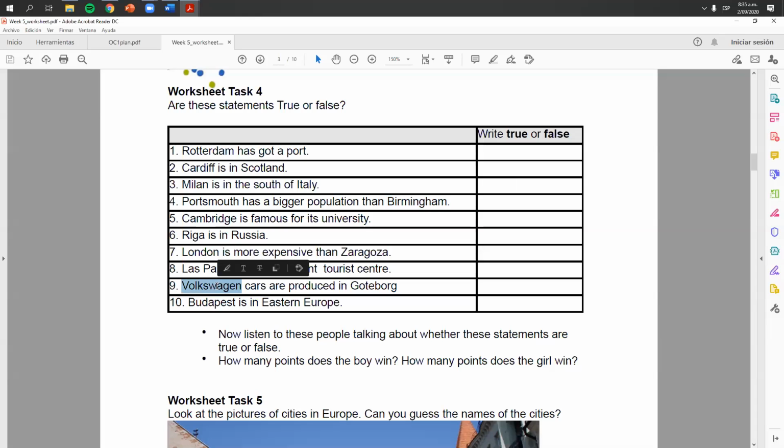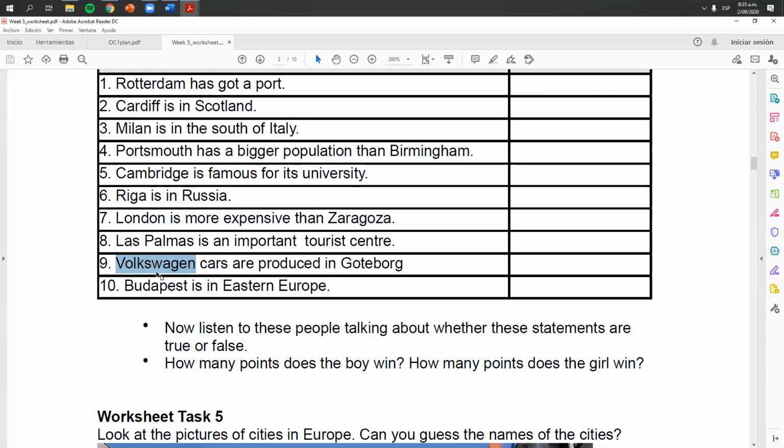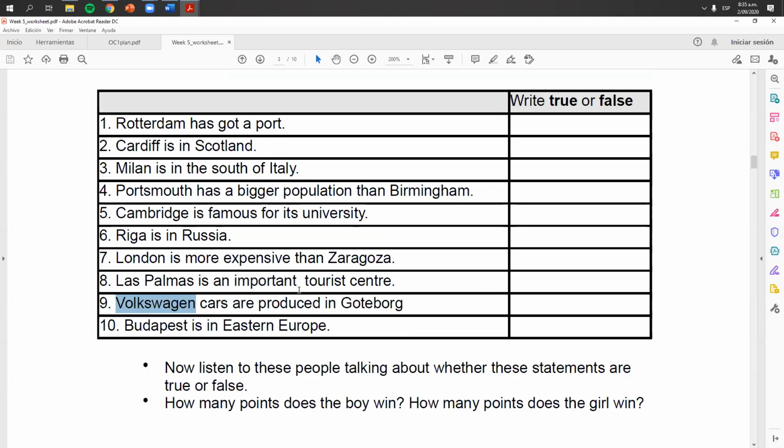The right pronunciation of this, guys, this brand. Do you know how to pronounce this one? Volkswagen? Somehow, yes. I mean, if we want to pronounce it perfectly, we would have to pronounce it in German, right? And we're gonna get phonetical here again.